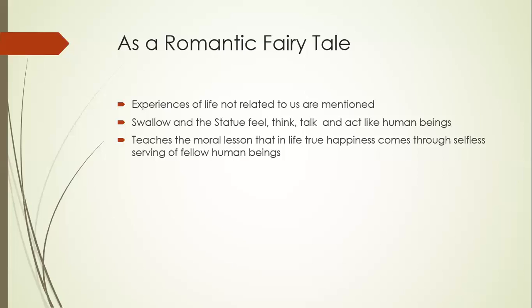The statue asks the swallow not to tell him the tales of the far off places, because he is interested in listening to the tales of misery and sufferings, because nothing in the world is more important than the sufferings of human beings. So the swallow becomes the eye of the statue, and it starts telling him the sufferings of the people of his city.